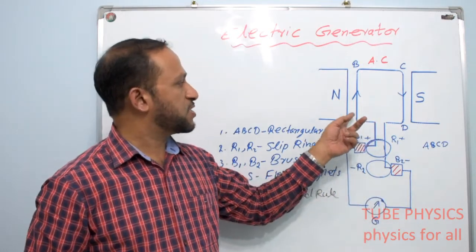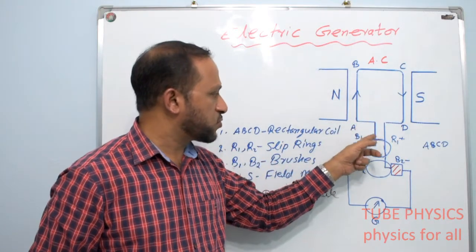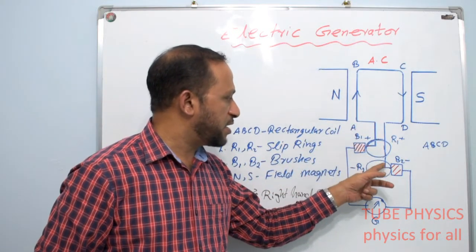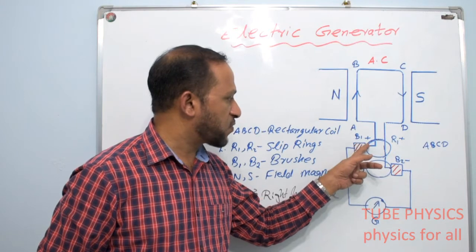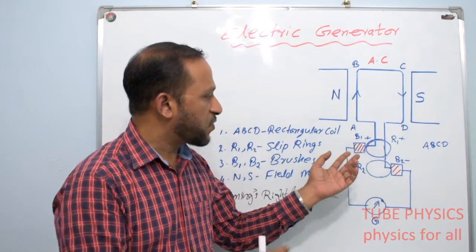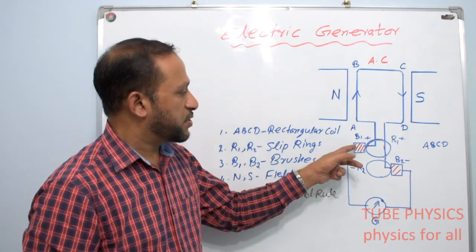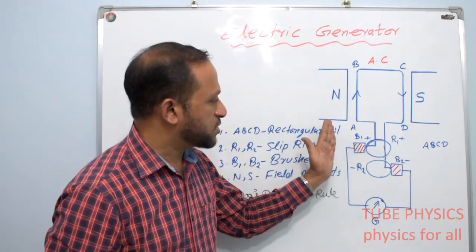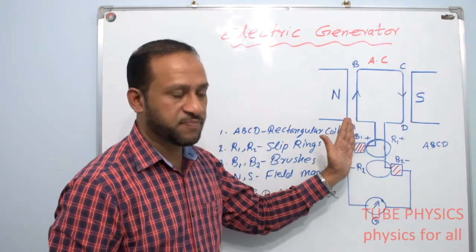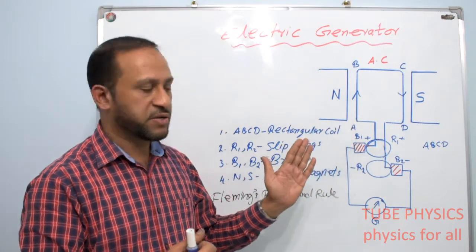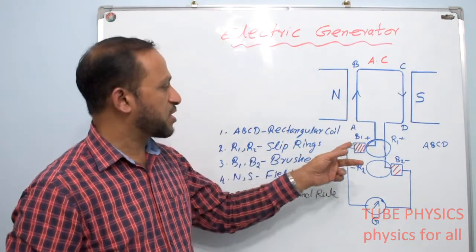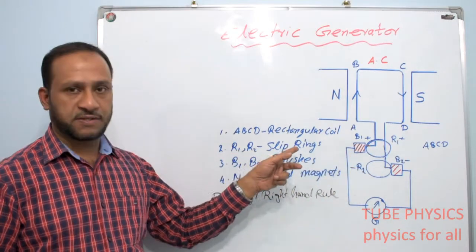The current produced in the rectangular coil will flow through these two wires, and they are connected with the rings R1 and R2, and R1 and R2 will keep on rotating along with the armature, and brushes B1 and B2 will always be pressing against the rings. It is not a permanent contact, it is always slipping. The rings R1 and R2 are called slip rings.